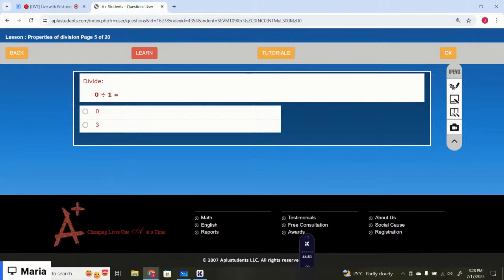Zero divided by 1 is, yes, 0 it is. Option number 1 is the correct option.